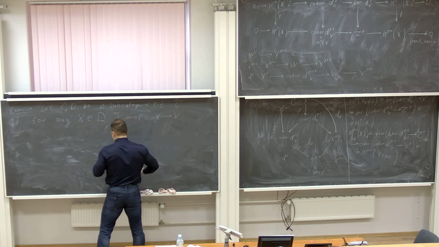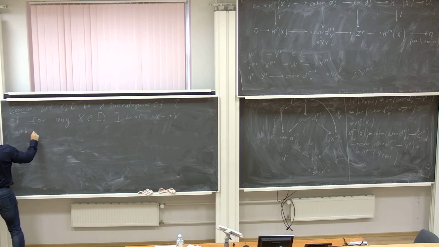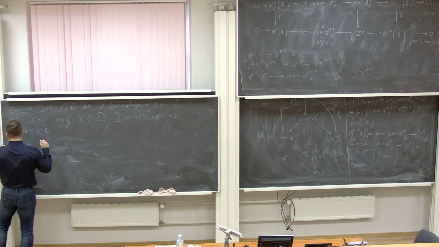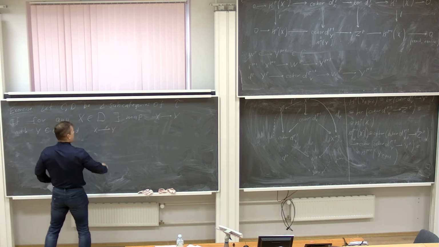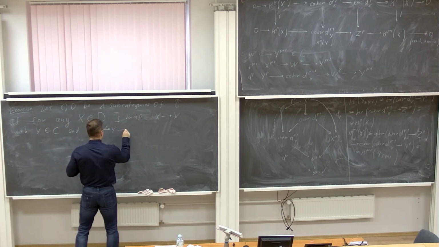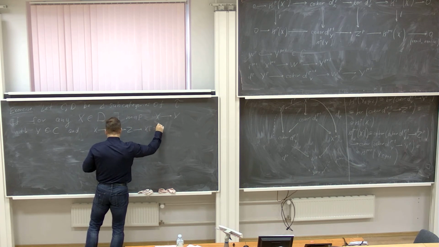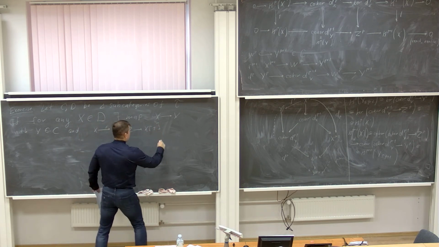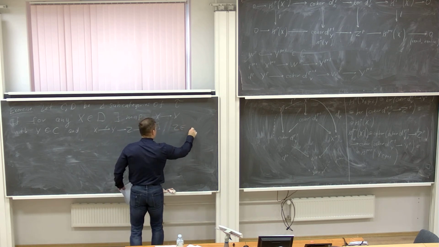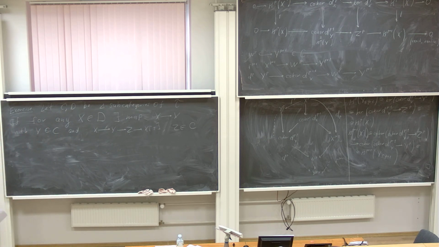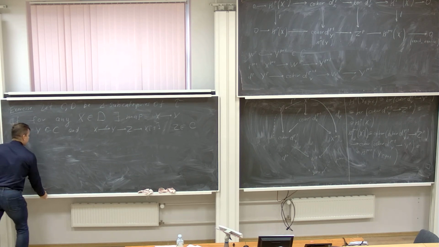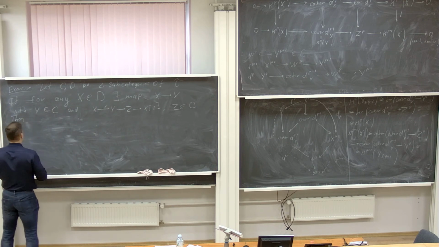X to Y with Y in C, and if you take this map and complete it to a distinguished triangle, then the Z in this distinguished triangle is again in C. If you have this, then the conclusion is that you have the following equivalence of triangulated categories.